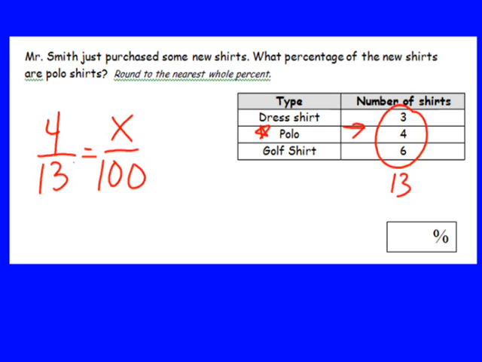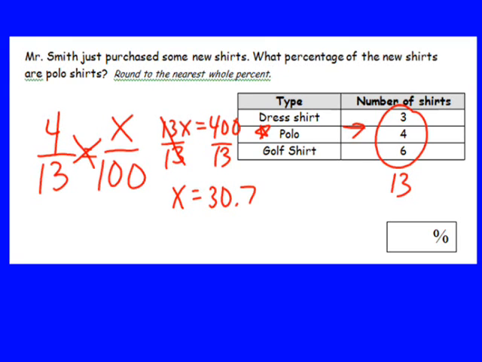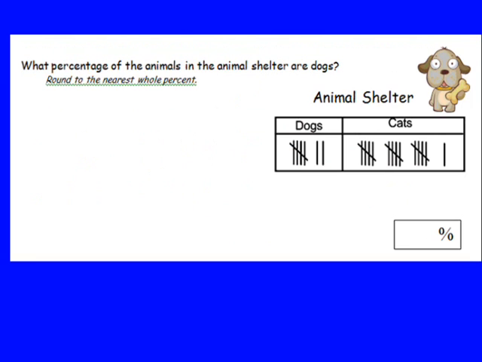So we set up our proportion. I cross multiply. 13 times x is 13x. 4 times 100 is 400. I have a nice easy one-step equation to solve. And 400 divided by 13 is 30.7. So that would round to 31%. So 31%, or roughly 1/3 of the shirts, are polo shirts.